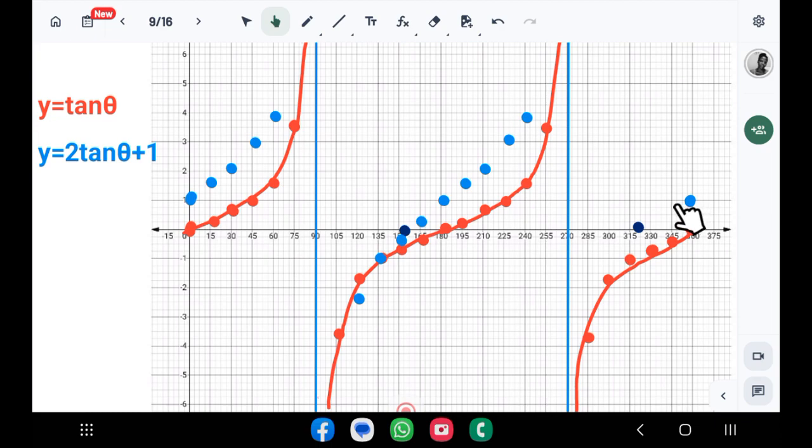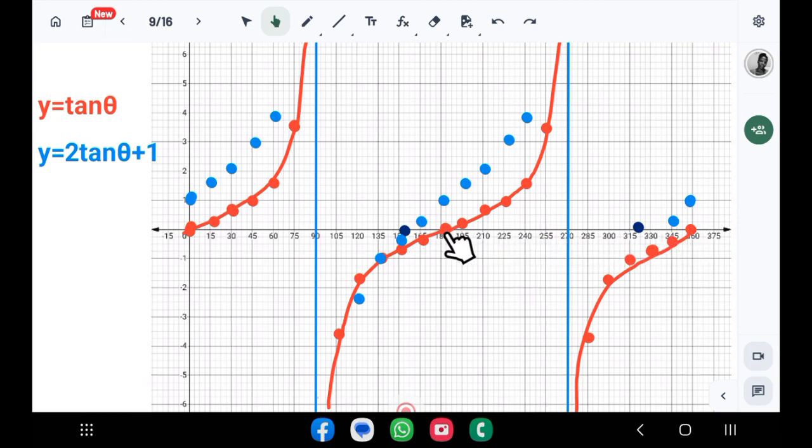Okay, now 345 matches with 165, so it should be there. And then the next one should be there. Next point should be there. Let's see, 330. Okay, next point should be at 330.